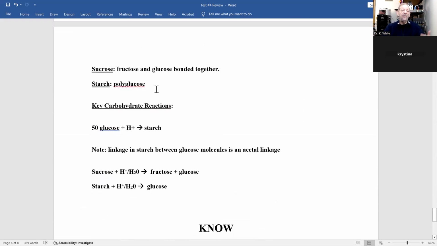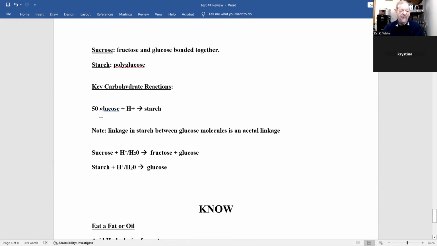Now you should know sucrose, which is table sugar, is a fructose and glucose molecule bonded together. And starch is many glucose molecules bonded together in an acetal linkage.